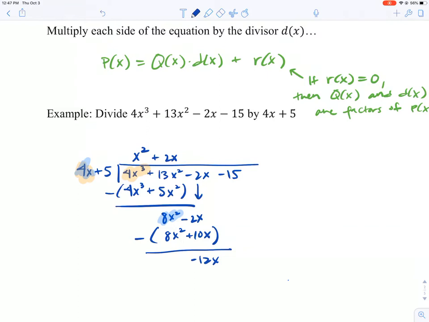Subtracting, I get minus 12x, and then I can bring down the last term, the minus 15. And I think, what times 4x would give me negative 12x? That will be minus 3, and then I multiply.